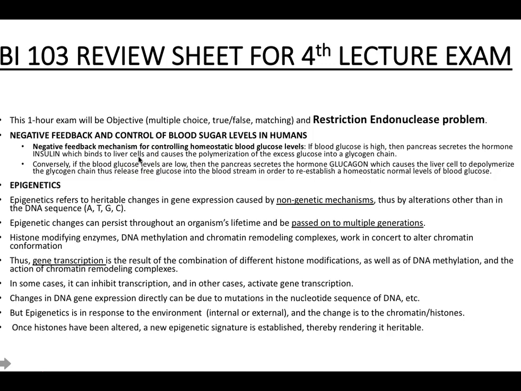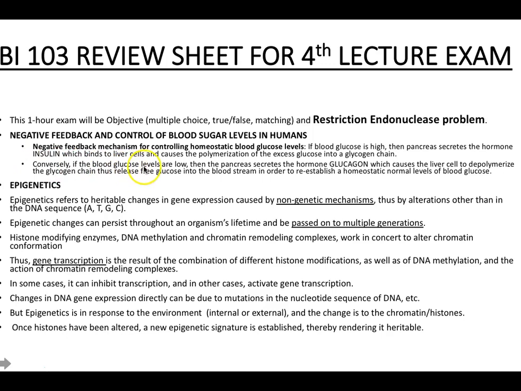Remember that liver cells, or hepatocytes, are able to take excess glucose from the blood and polymerize it into a glycogen chain for storage, like beads on a necklace. The insulin binds to the liver cell and causes the polymerization of the excess glucose from the blood, making a glycogen chain for storage.